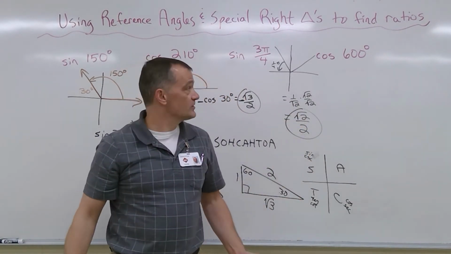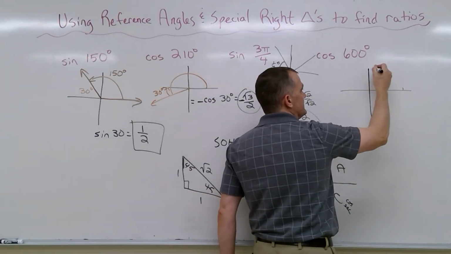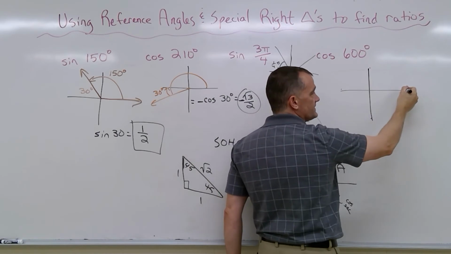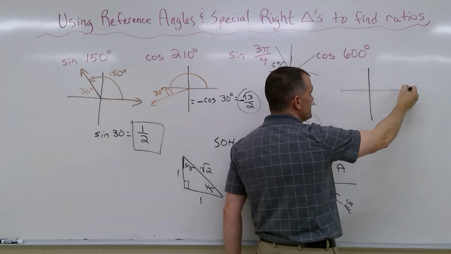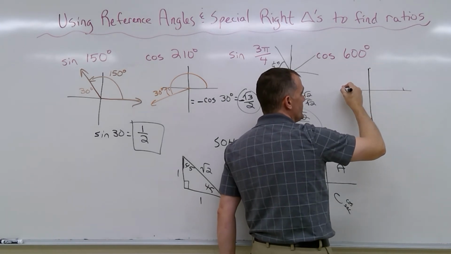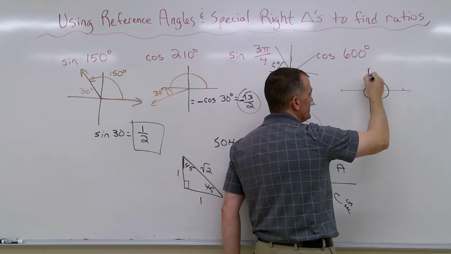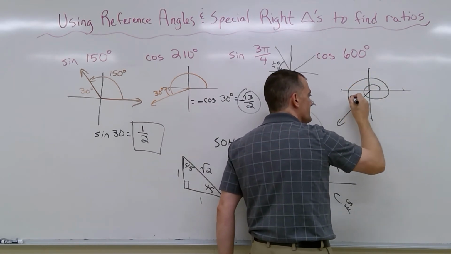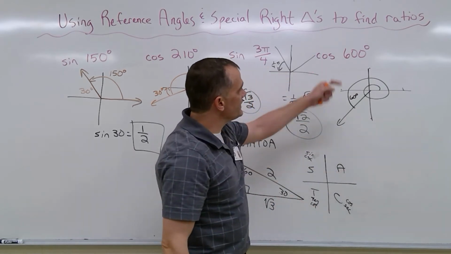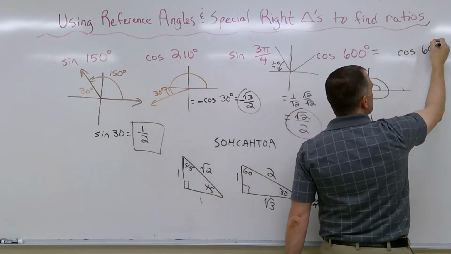Last but not least, the cosine of 600 degrees. Let's see how scary that could be. So here's 90, 180, 270, 360, 450, 540. 540 is right here. So this bad boy goes just like this, 540, and it goes 60 more degrees. So finding the cosine of 600 is pretty much like finding the cosine of 60.